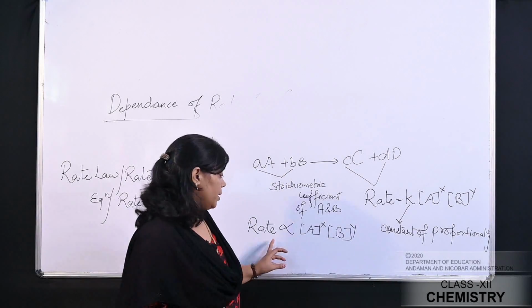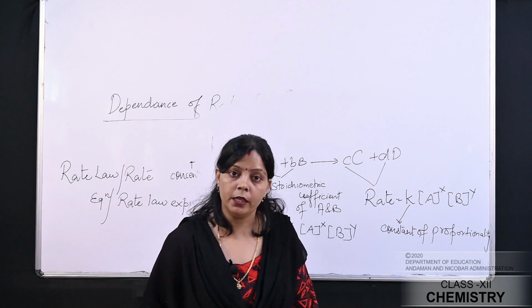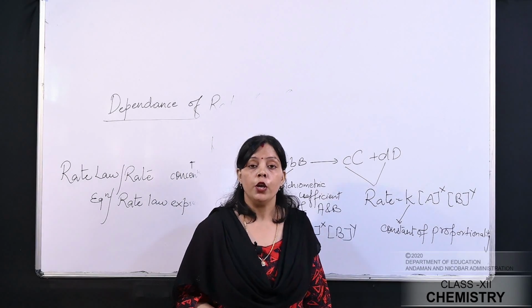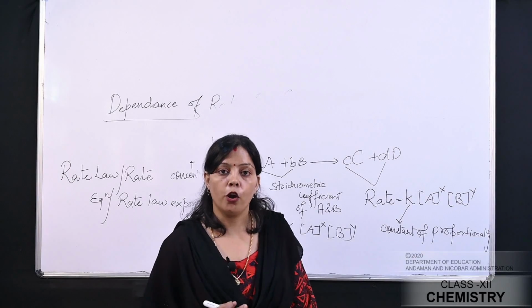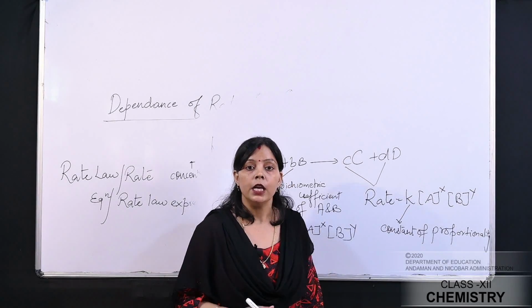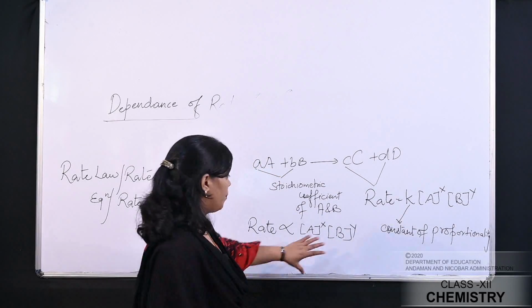So what is the rate law expression? The rate law is the mathematical expression given in terms of molar concentration of the reactant with each term raised to some power, which may or may not be equal to the stoichiometric coefficient of the reactants present in a balanced chemical equation. With the help of this, it is clear.